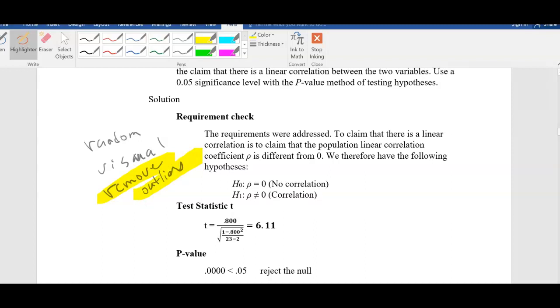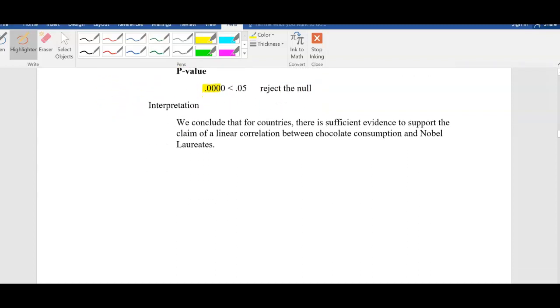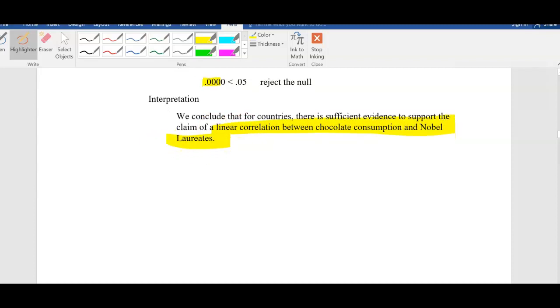So we've done our test statistic of 6.11. When we plugged in our p-value, we got 0 is less than 0.05, so we reject the null, which means we do have a linear correlation. So we can conclude there's sufficient evidence to support the fact that a linear correlation between chocolate consumption and Nobel Prize winners does exist.